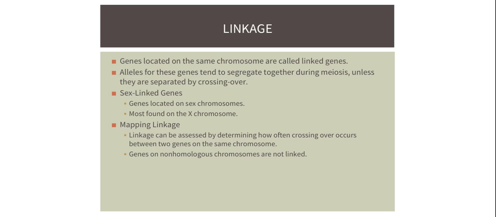So if genes show up in different gametes less than 50% of the time, that is, they tend to be inherited together, they are assumed to be on homologous chromosomes. They may be separated by crossing over, but that's less likely to occur because they're so much closer to one another. The lower the frequency of crossing over, the closer together on the same chromosome the genes are presumed to be. So frequencies of crossing over can be used to construct what's known as a linkage map.